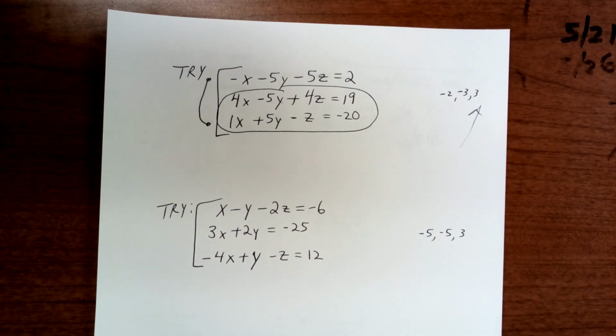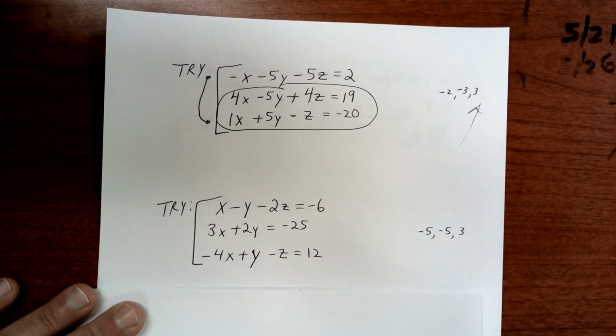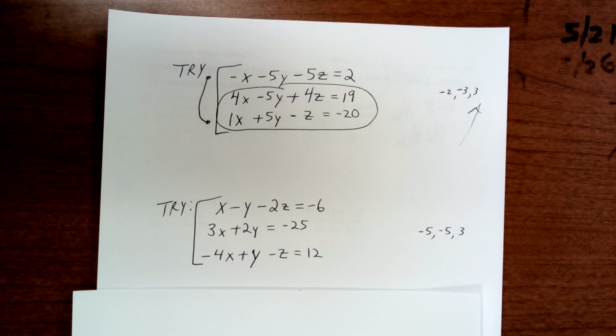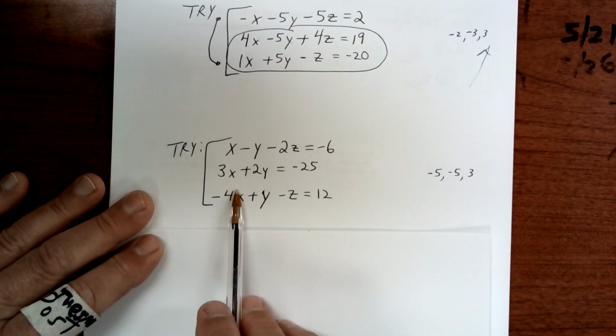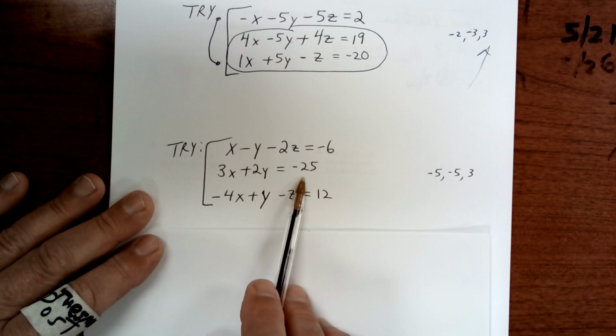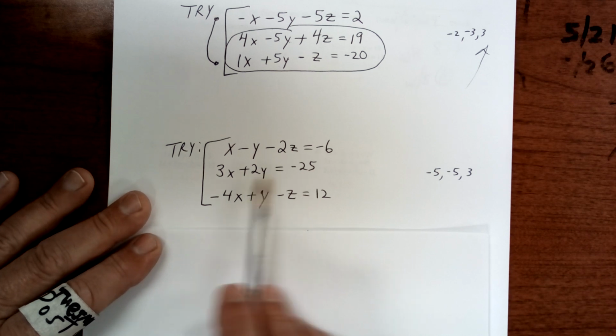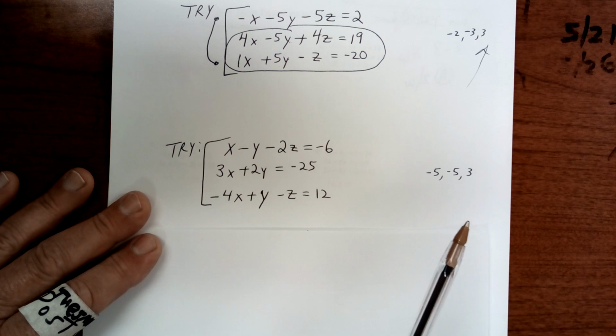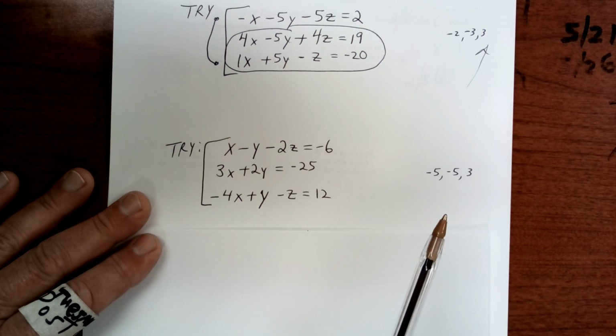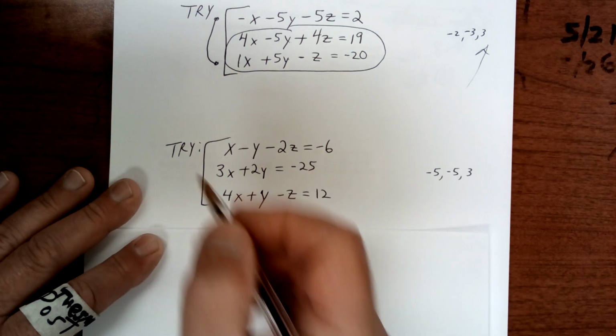This one right here, let's talk about this one right here. Well, to work this one, what you need to do is the same way. All right, now this one only has X and Y here. Okay, so we've got to think about that. This one's already done. You have X and Y. So they must have gotten rid of the Z. So I would use, let's try the first two here.